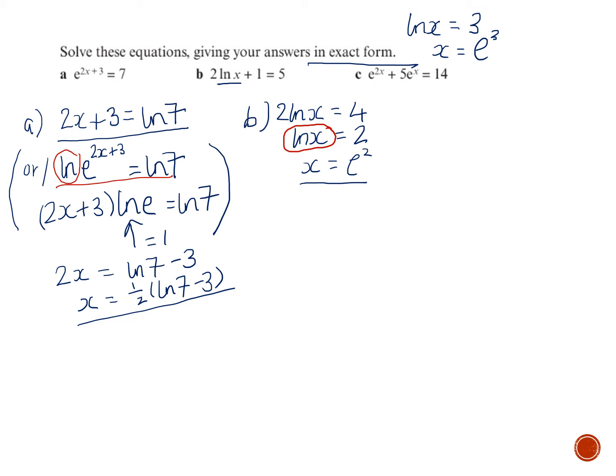Right, let's look at this last one. Now I'll just write it out so you can see it. e to the 2x plus 5e to the x equals 14. Now that looks rather complicated, but have a think back to what we were doing in solving equations in the last lesson.